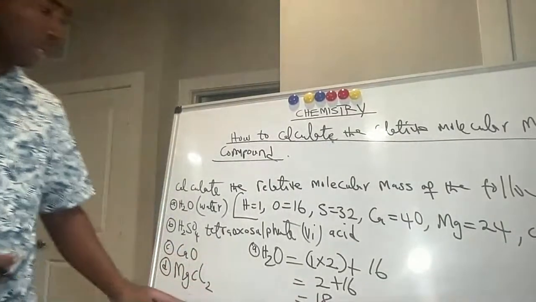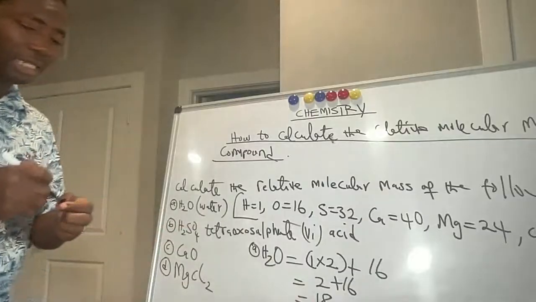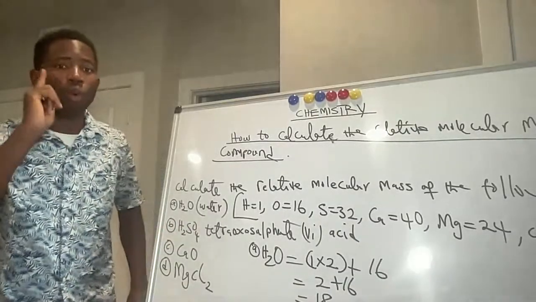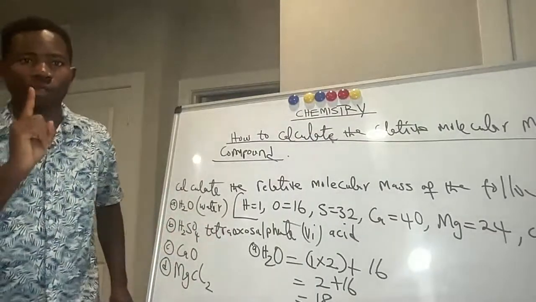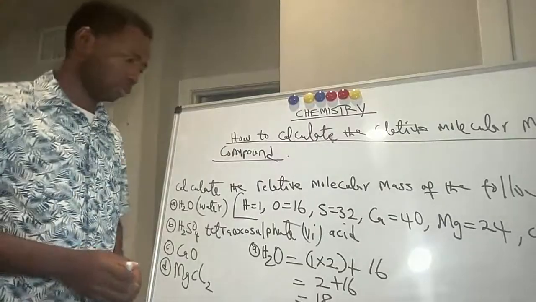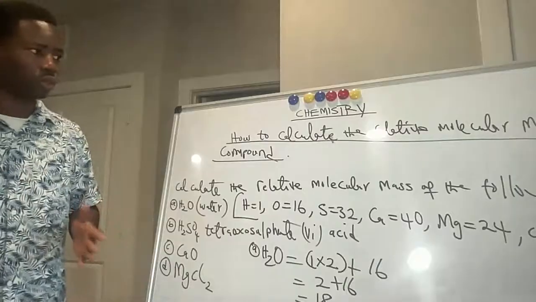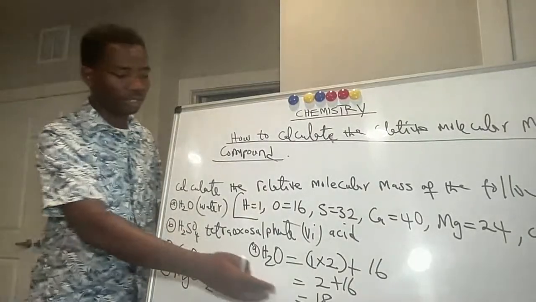This is the mass number. So now, the mass number of water is 18 grams per mole. This means for every 1 mole of water, we have 18 grams. So those values are very important. We will use them in stoichiometry to solve mass-volume relationships later. So let's take note of these values.